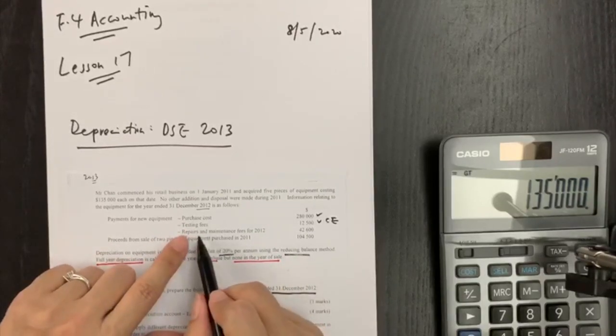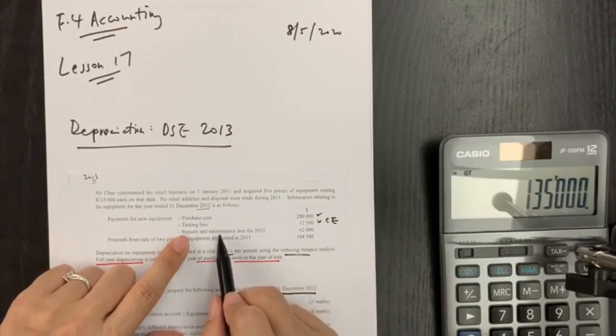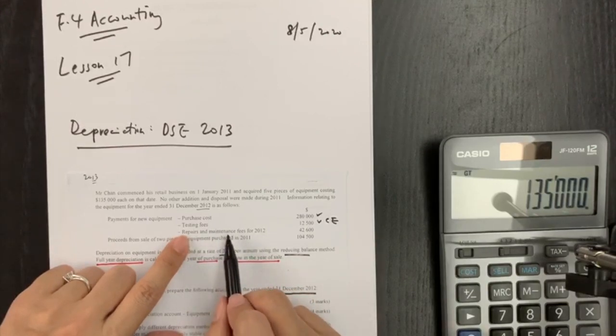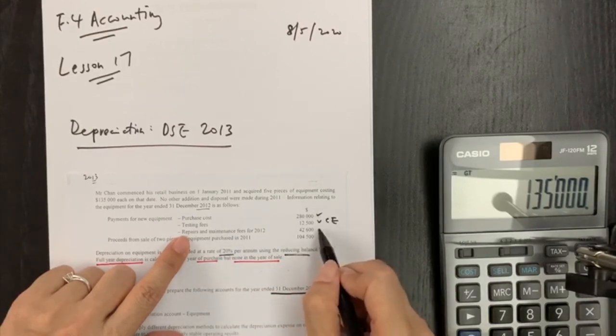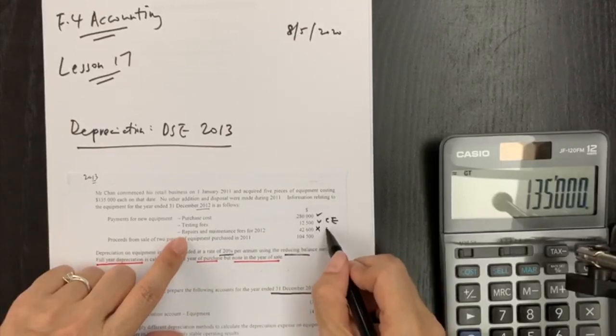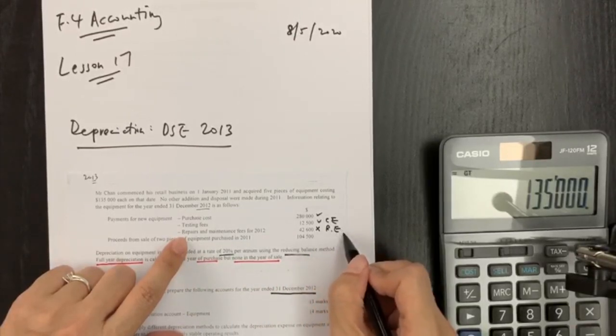Okay, how about repairs and maintenance? This is a regular expense, and this repair and maintenance will not add extra benefits to the equipment, so we will not capitalize it. It should be accounted for as revenue expenditure.